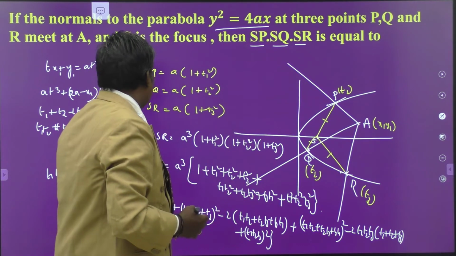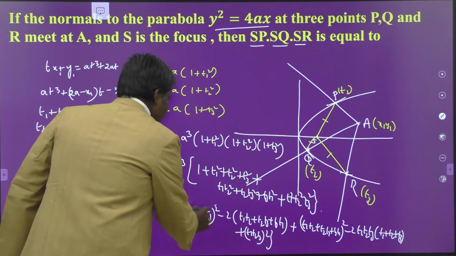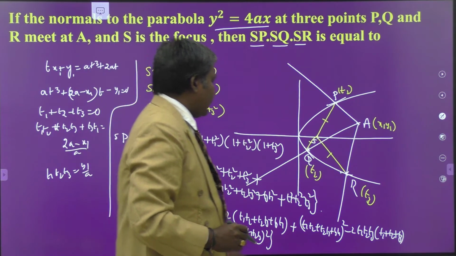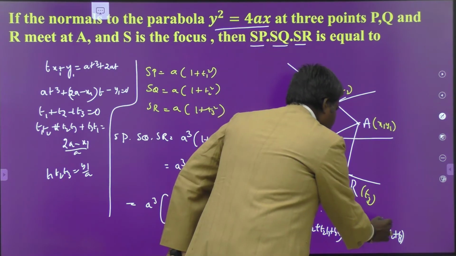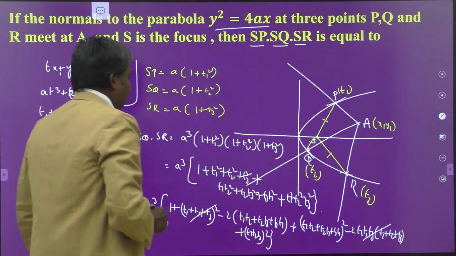That's all. So all of you know that the sum of the roots t1 plus t2 plus t3 is 0, so this becomes 0. Again, this term also becomes 0 because t1 plus t2 plus t3 is 0, and we have to simplify this one itself.